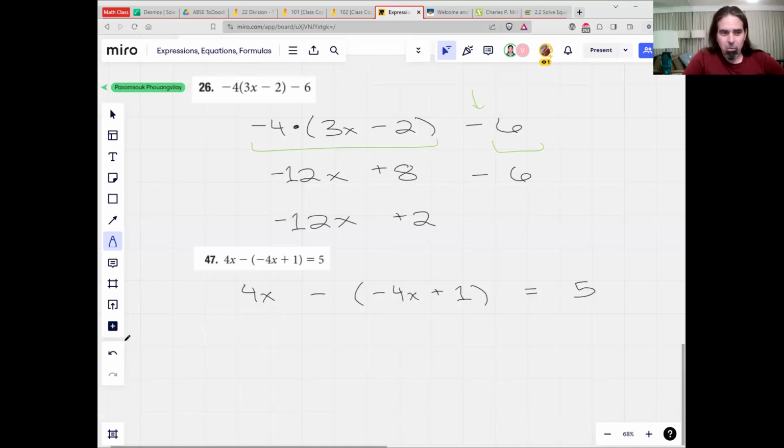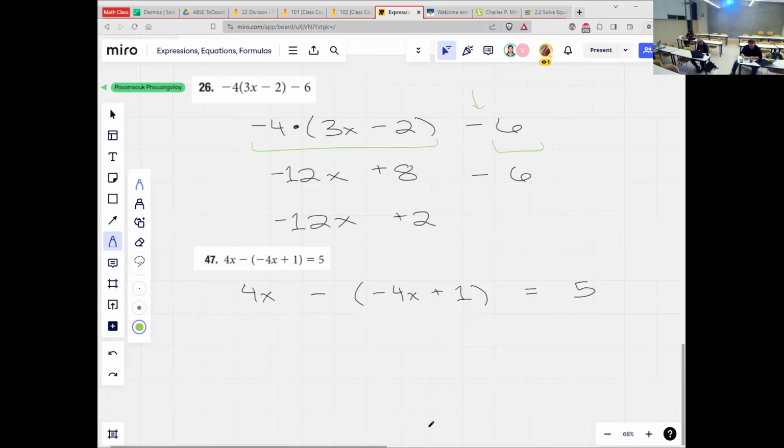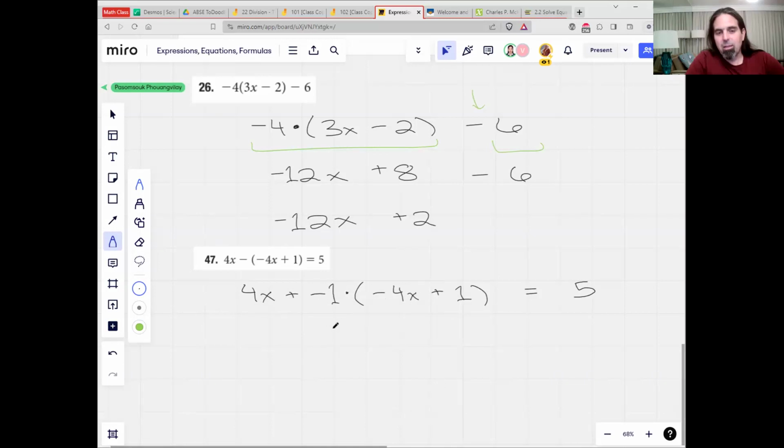What does it mean to subtract a parentheses? Isn't that like a -1? Yeah, the easiest way to think about it is there's a -1 times all of that. It's 4x plus a -1 times all of that.